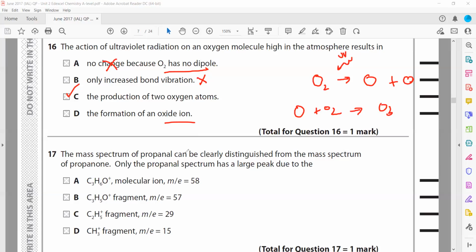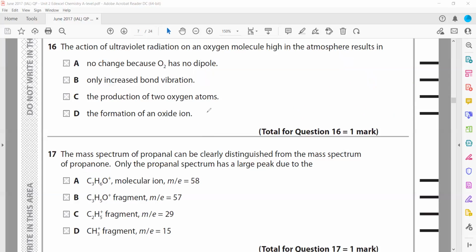Then, the mass spectrum of propanal can be clearly distinguished from the mass spectrum of propanone. Only the propanal spectrum has a large peak due to... so how to identify the peaks, to distinguish between propanal and propanone.